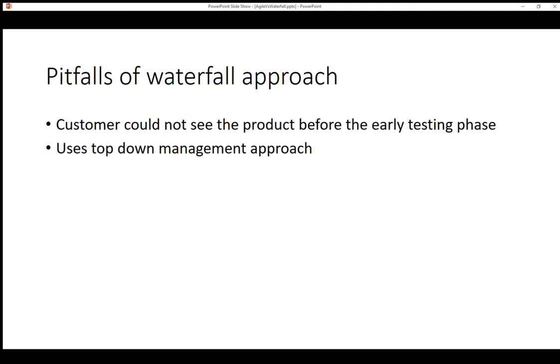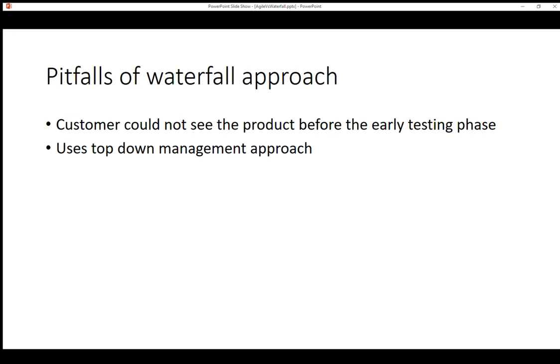You could be in the deployment and maintenance phase before you realize that the product you are building was no longer viable due to changed market conditions or organizational direction, or you could also realize that the product had a major architectural flaw that prevented it from being deployed. In other words, your product development initiative could completely fail after a lot of money and time had been spent on it.